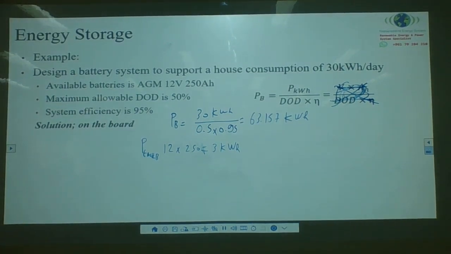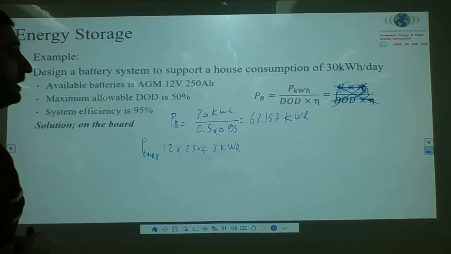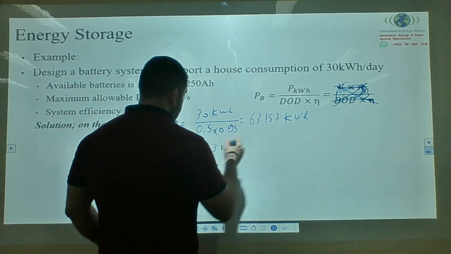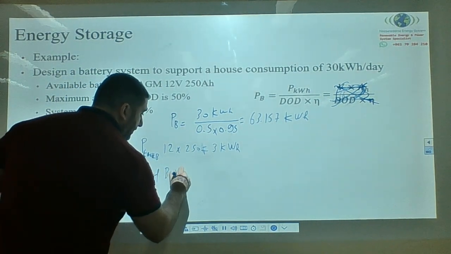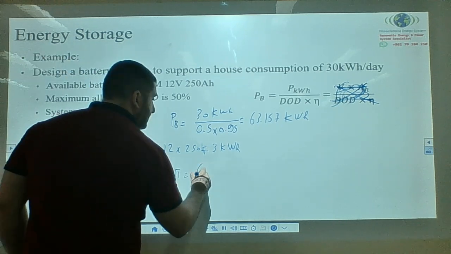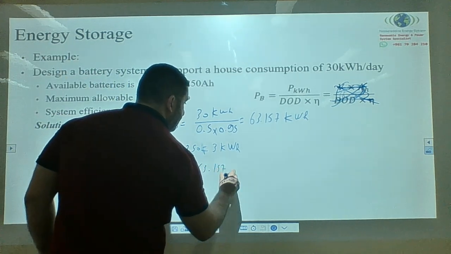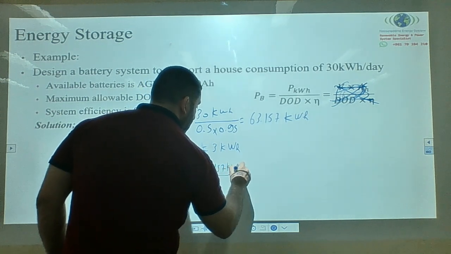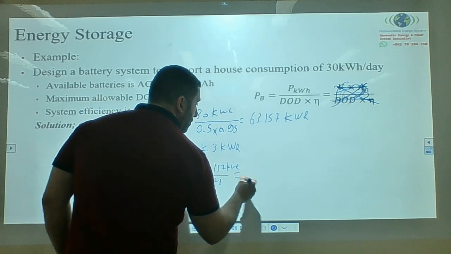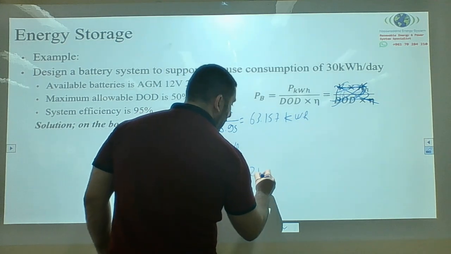I need over 21 batteries. The number of batteries required is 63.157 divided by 3, in kilowatt hours. So roughly, it's 21 point something.